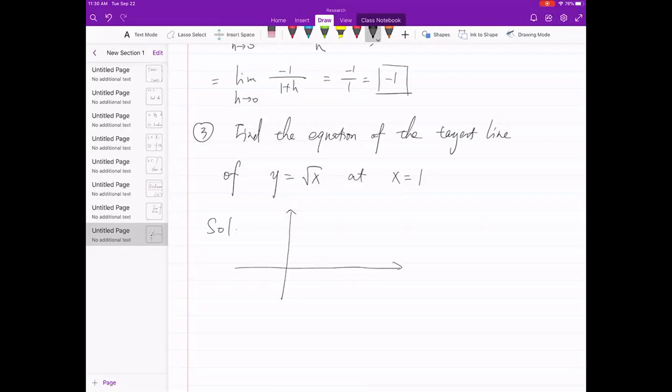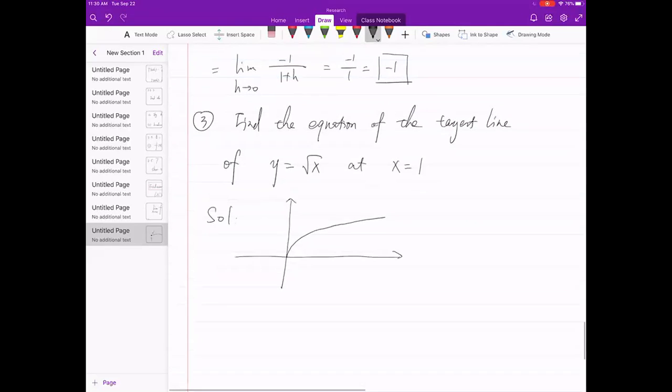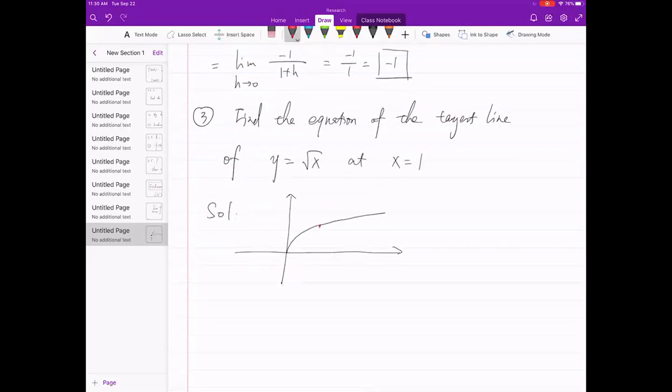Do you know the graph? It's the inverse of a parabola. That means take the parabola, flip it. 1, 1. You're looking for this line.